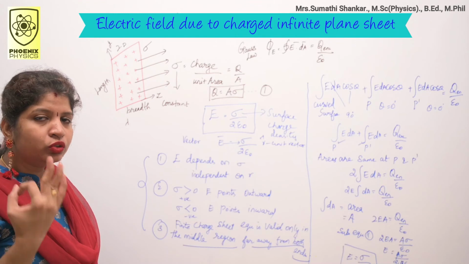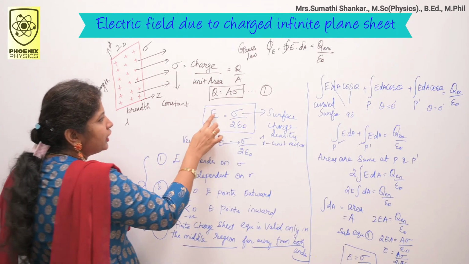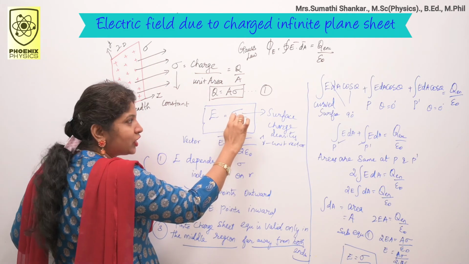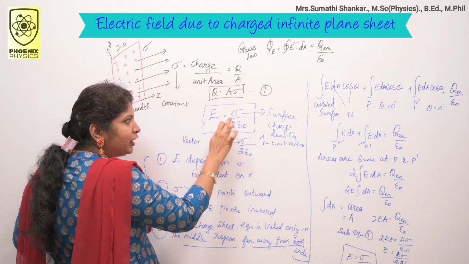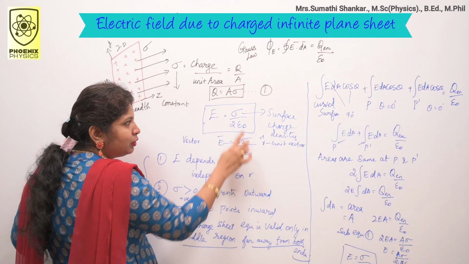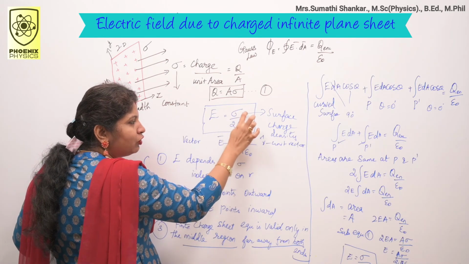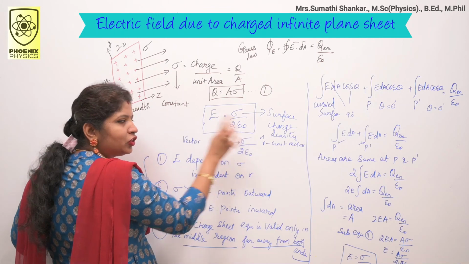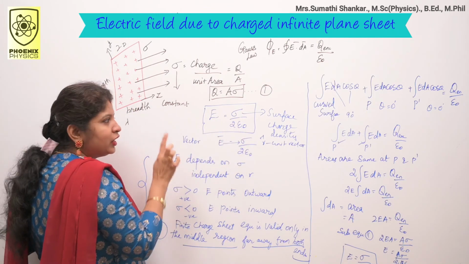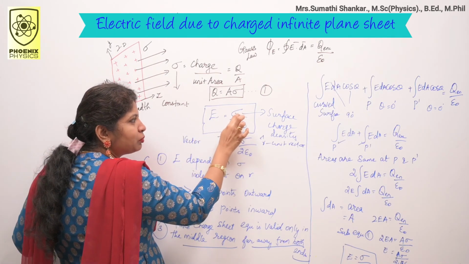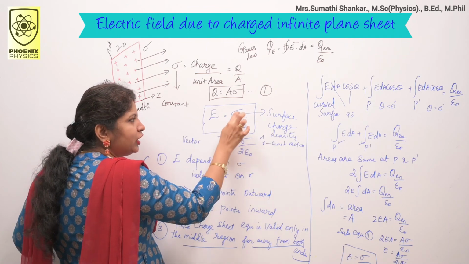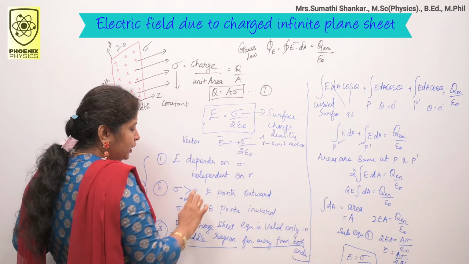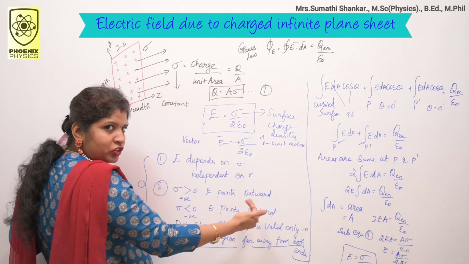We can conclude 3 points. First one, electric field E depends only on surface charge density sigma, independent of r, because here we have no r term. This is our first point. Second one, sigma means surface charge density. If it is positive, E points radially outward. If it is negative, E points radially inward.